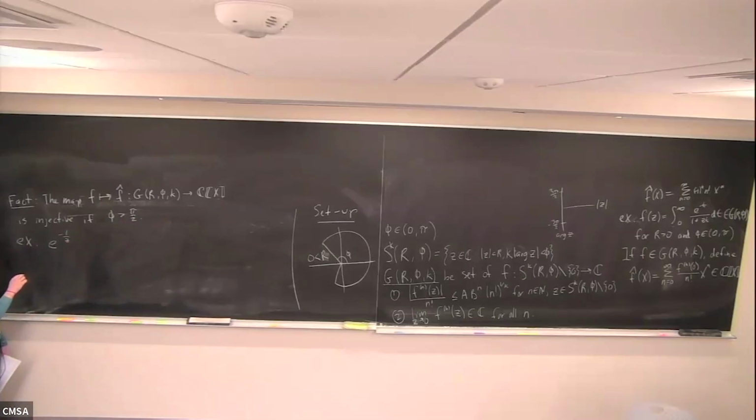Then on the right half plane, strictly on the right half plane, the asymptotic expansion is just going to be 0. But the zero function also has asymptotic expansion 0. So then the map is not injective, like e to the minus 1 over z squared, like that. Yeah, thanks.